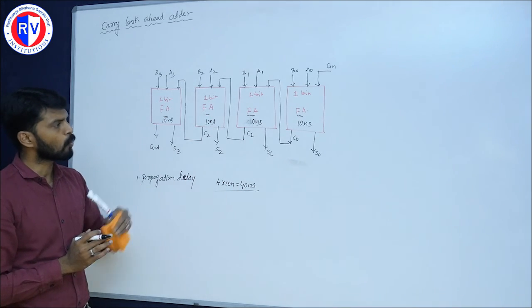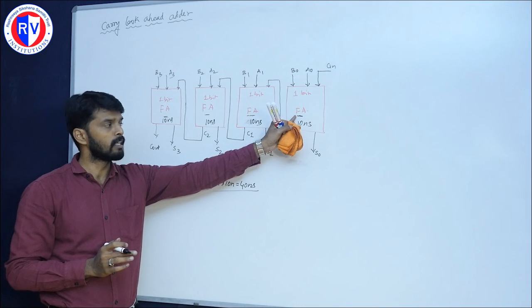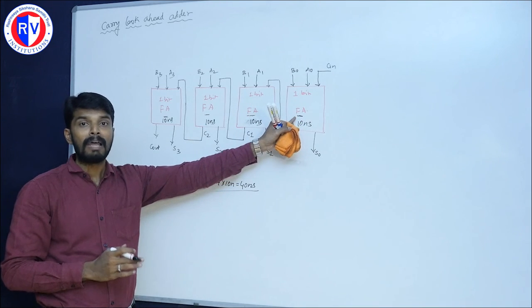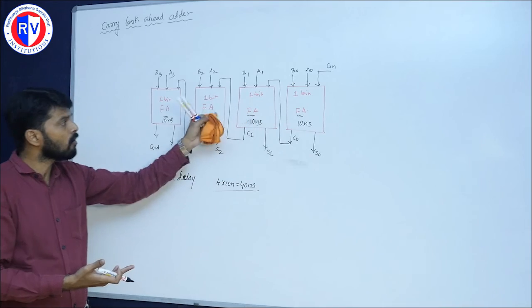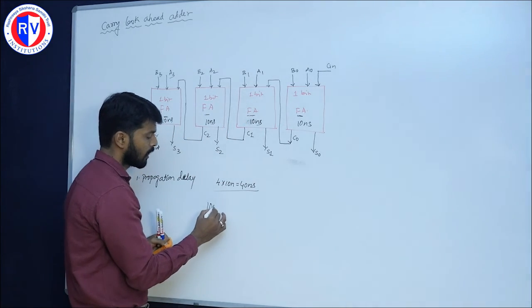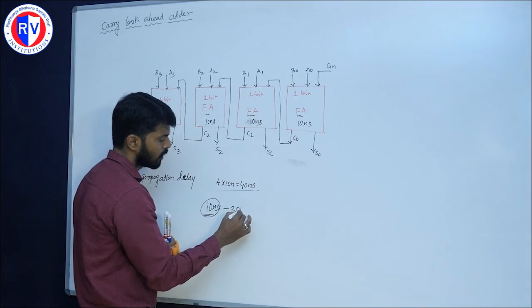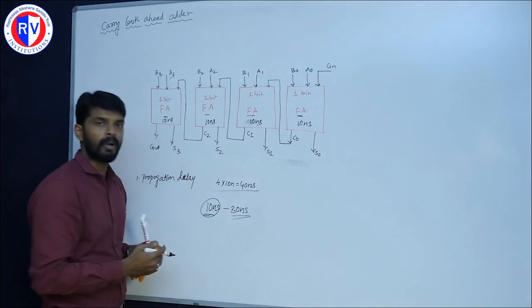In order to overcome this, if we know well in advance the carry that the first full adder will generate, then all the adders can perform the operation within 10 nanoseconds only. So we can reduce 30 nanoseconds.